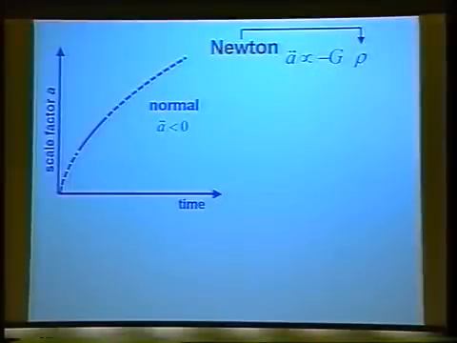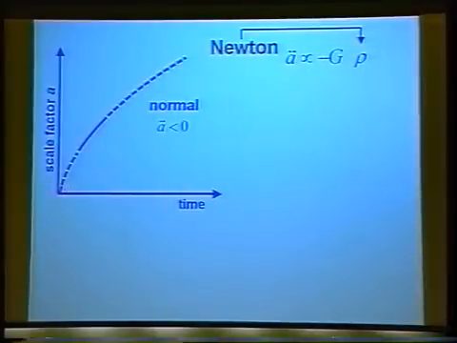Now, how can we understand that the vacuum energy causes an acceleration of the universe? Well, if we look at the usual Newtonian result for the acceleration of the universe, the second derivative of the scale factor, we would expect that the acceleration is minus, because gravity is attractive, G times rho.